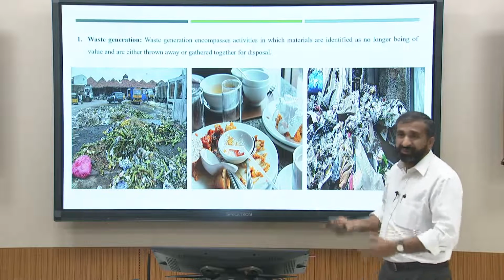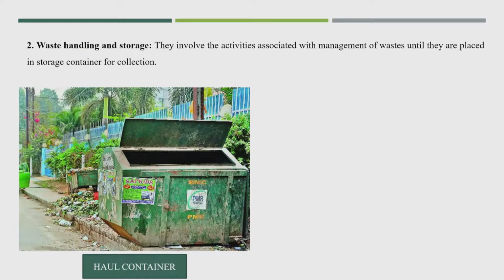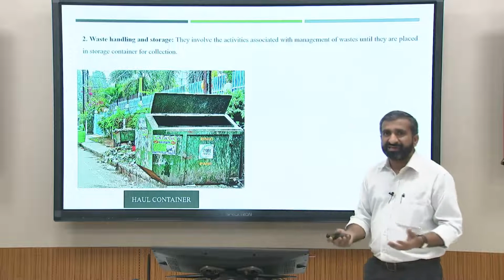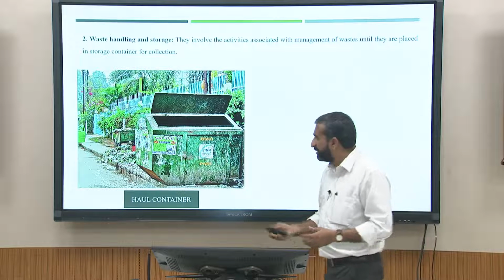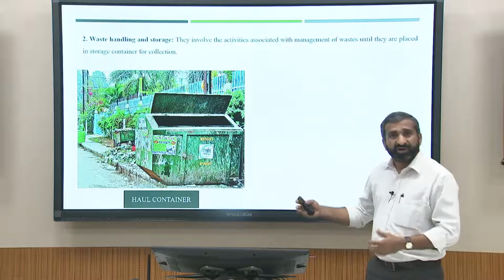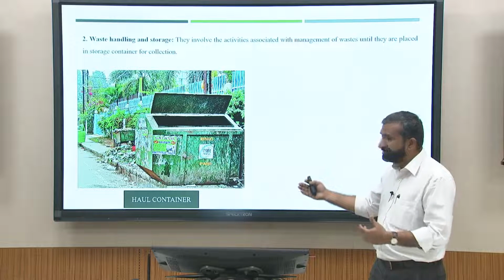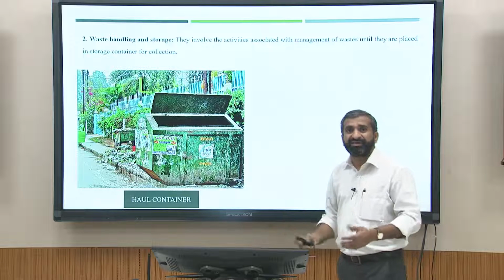Once you know the proper generation of the waste, we will go for waste handling and storage, that is, on-site storage. We will have this kind of container; in your city, in your urban locality also, you may have found similar photographs, where the corporation has provided such containers. Normally these containers or dustbins are called haul containers.